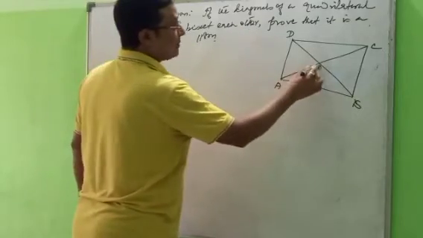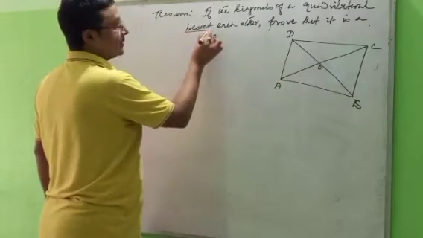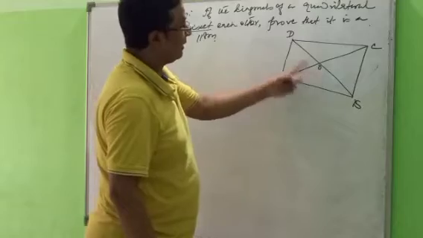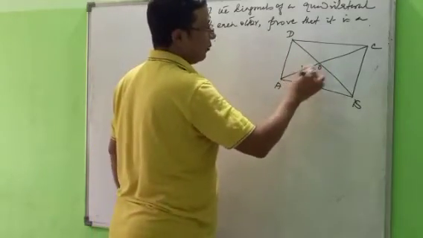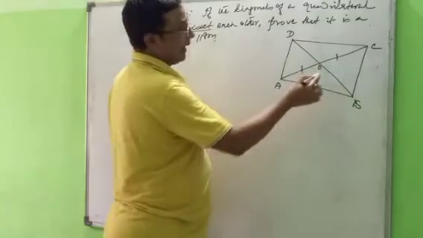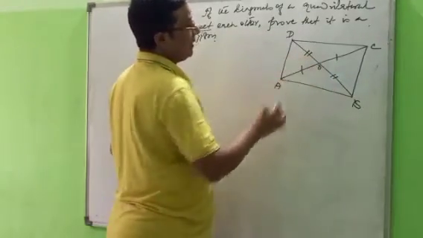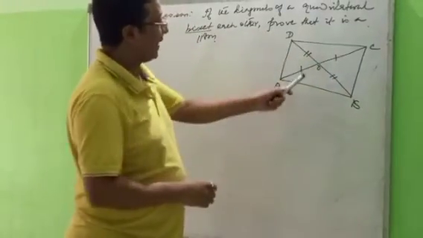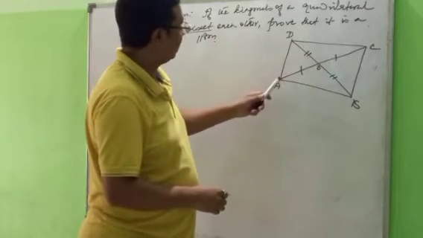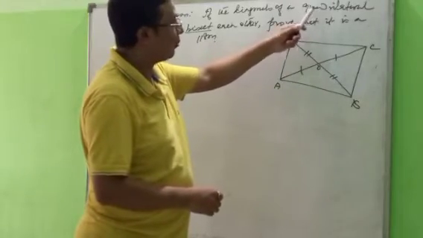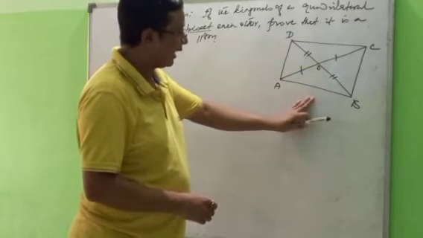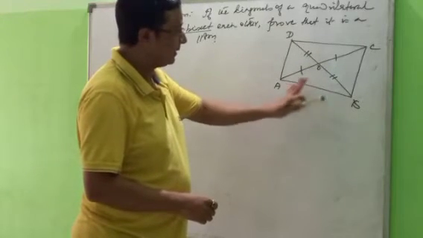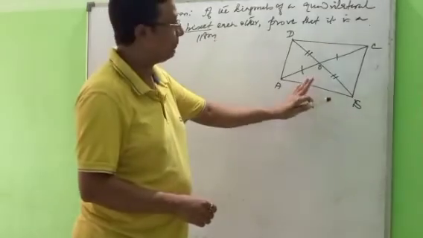Now they have used the word bisect, so that means O is the midpoint of AC as well as of BD, which means AO equals CO and BO equals DO. Now till now this is a quadrilateral, ABCD is just a quadrilateral. Now you will make this quadrilateral a parallelogram.